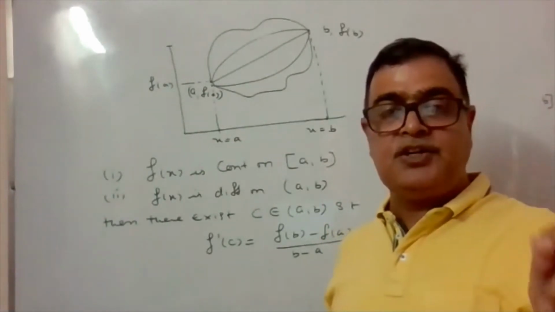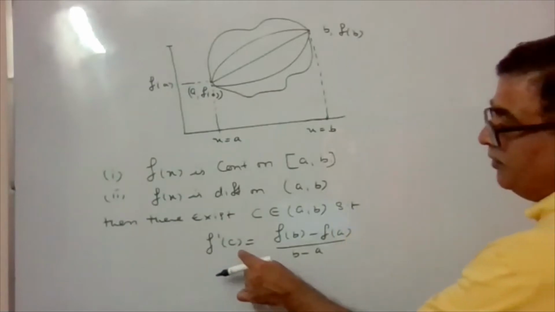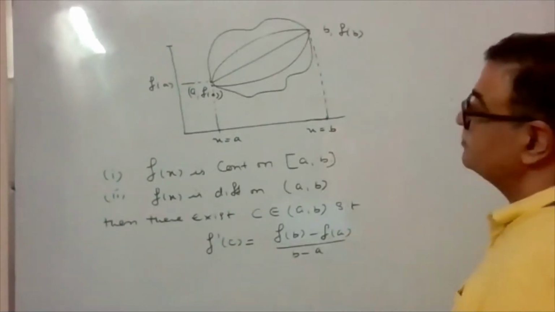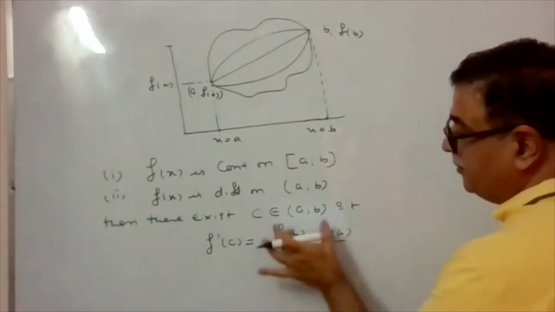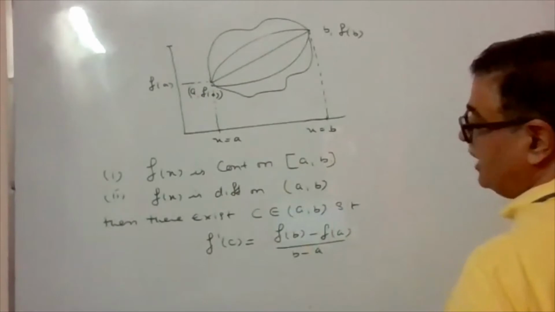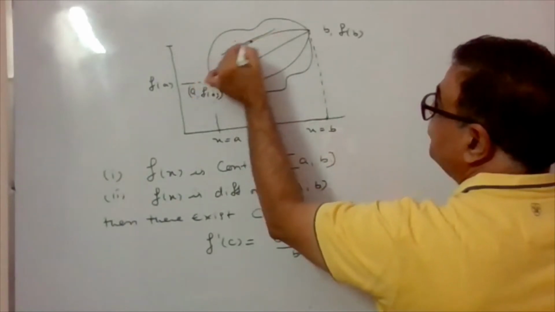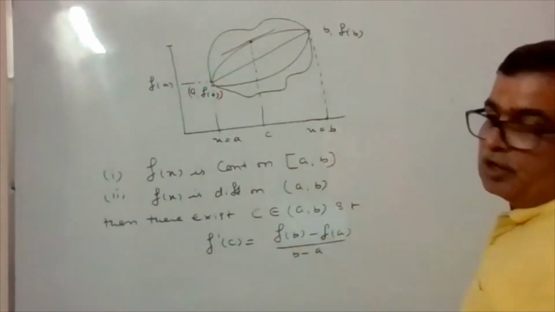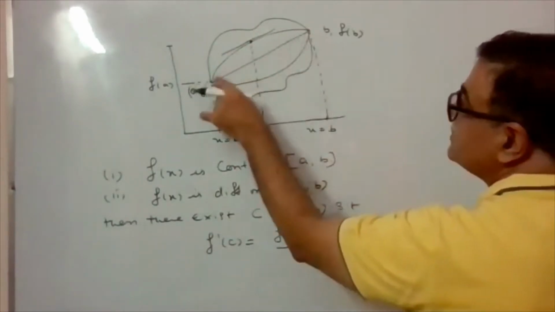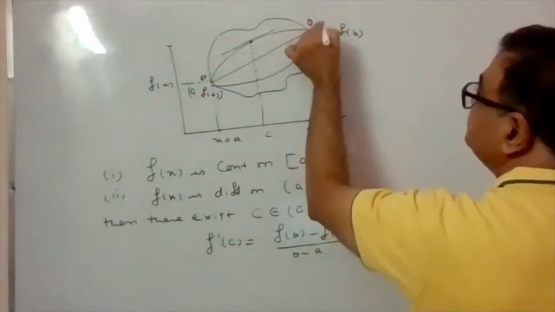And when you have a continuous and differentiable function, then there will be a point c on each curve, which will be between a and b, such that on that point, if you draw a tangent, that will have the same slope as the chord PQ.